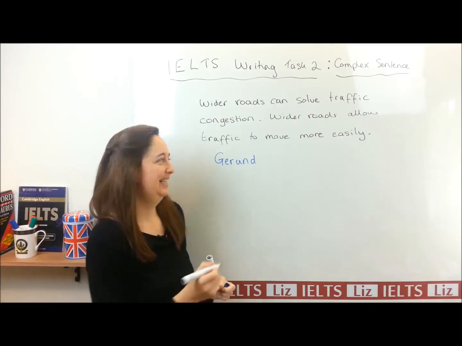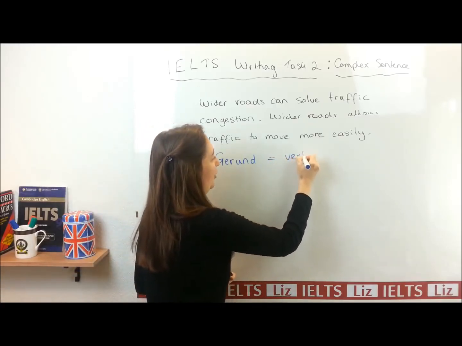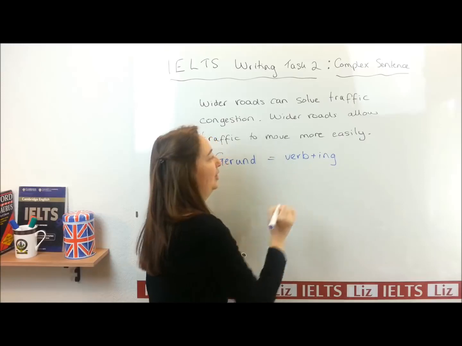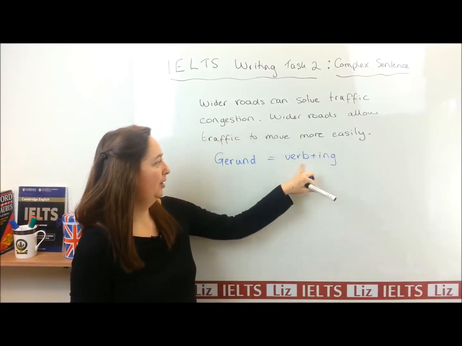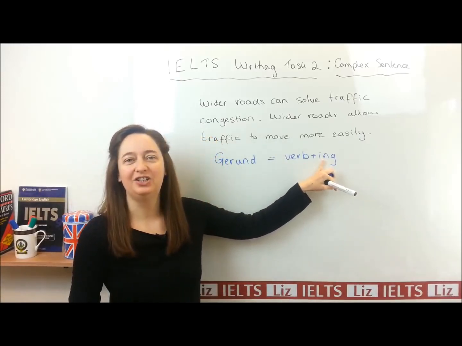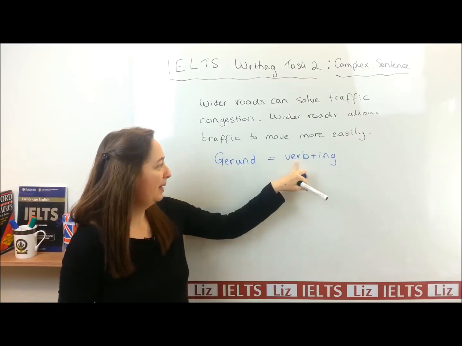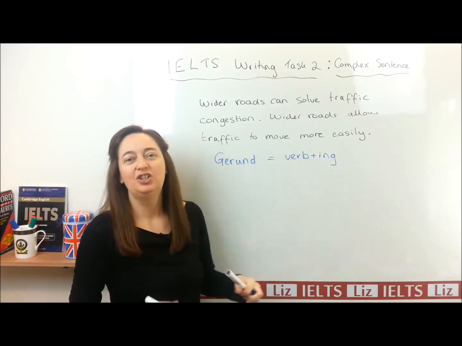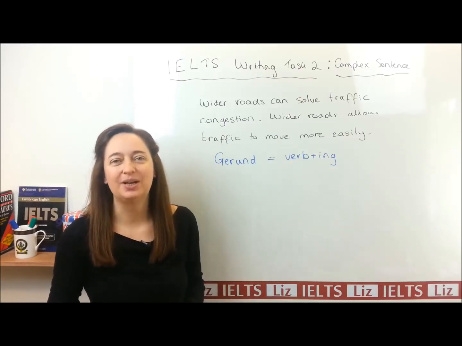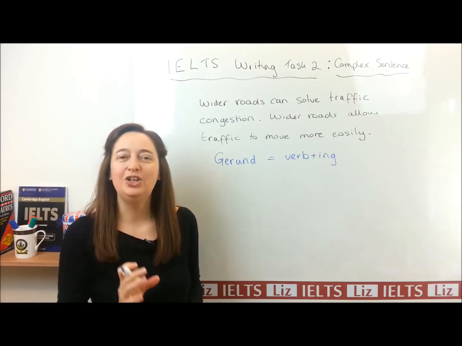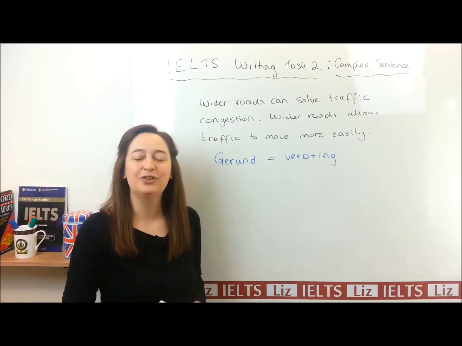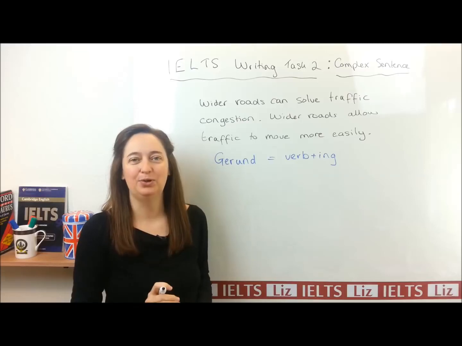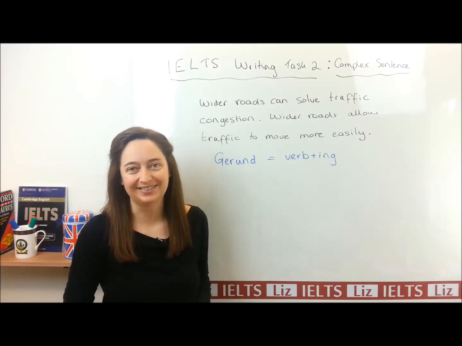Well, a gerund is a verbing, which means a verb plus ing. And the base verb plus ing changes it into a noun. And using that at the beginning of your sentence will improve your IELTS results.